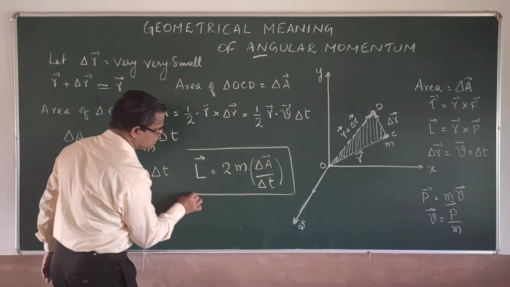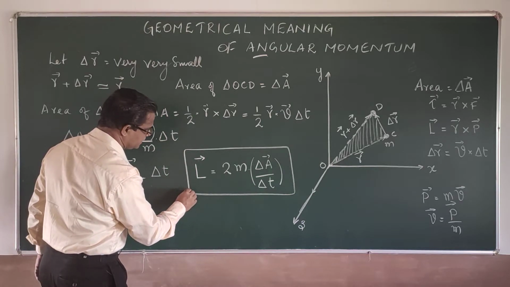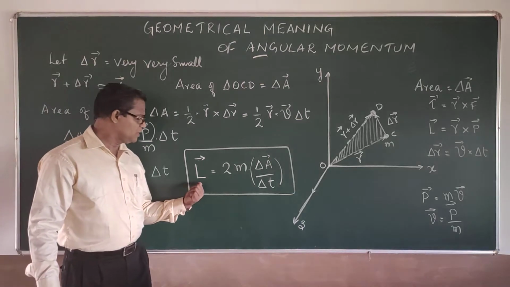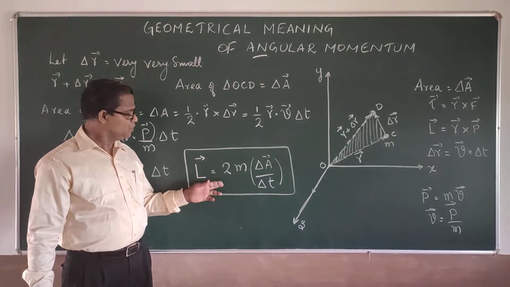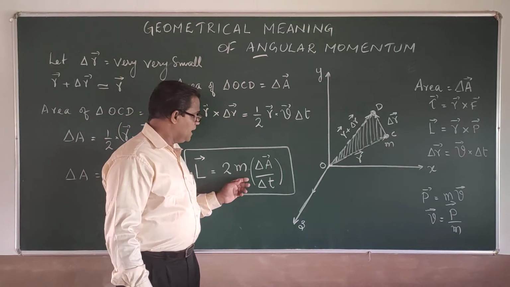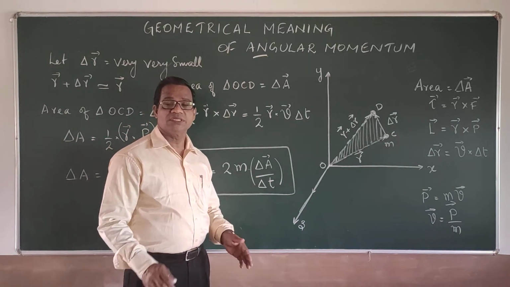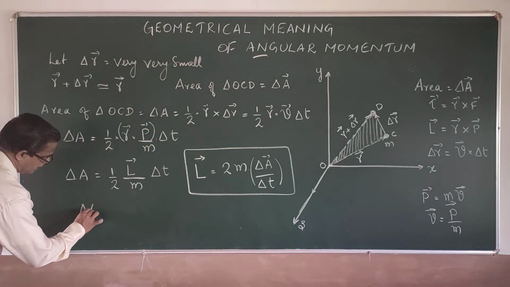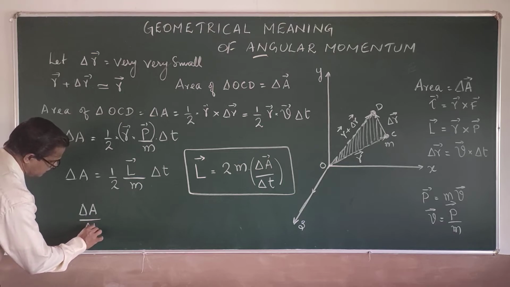And this is actually the geometrical meaning of angular momentum: angular momentum L equals 2 times the mass of the body into the areal velocity of the particle, delta A by delta t.